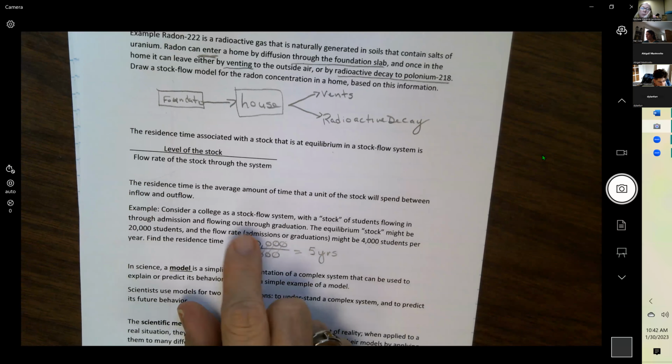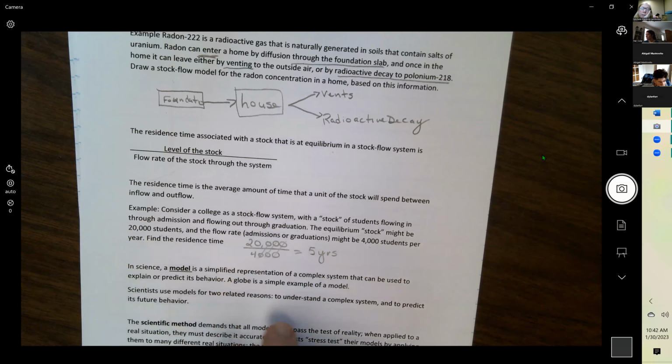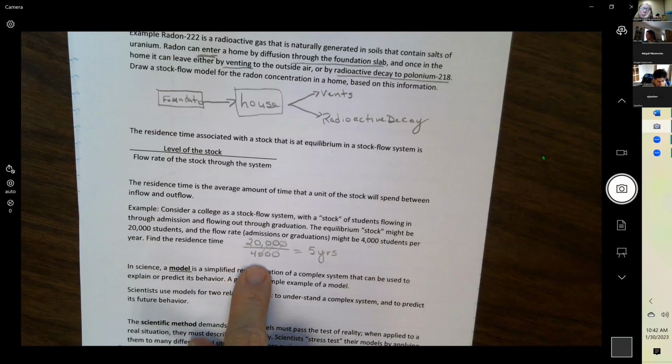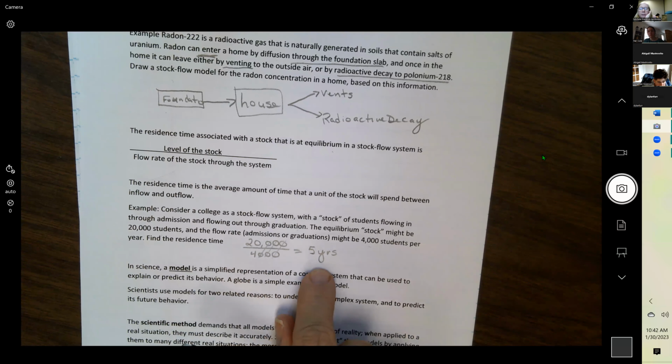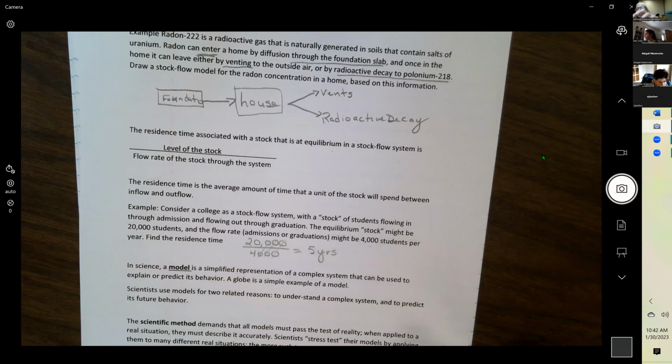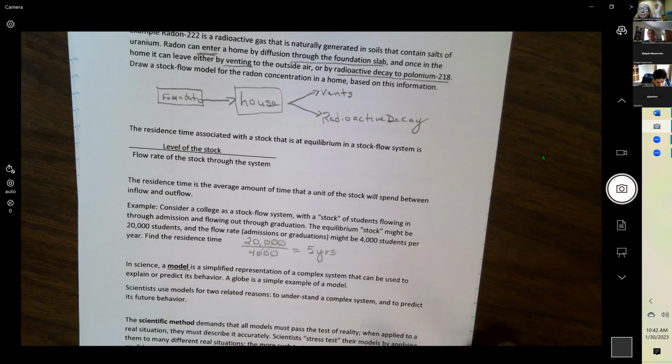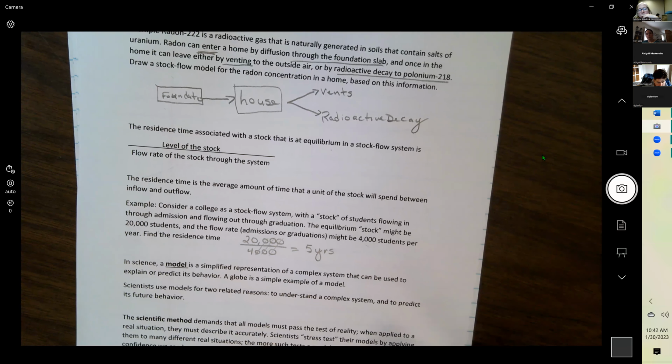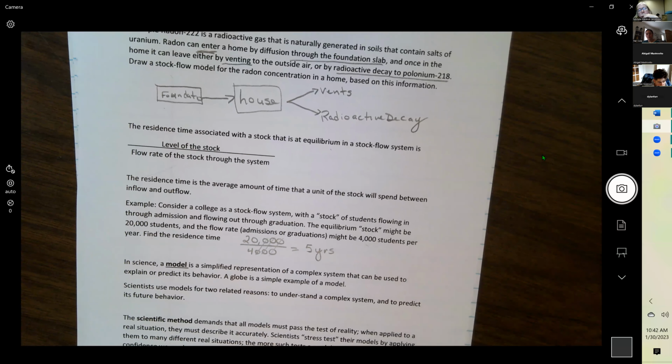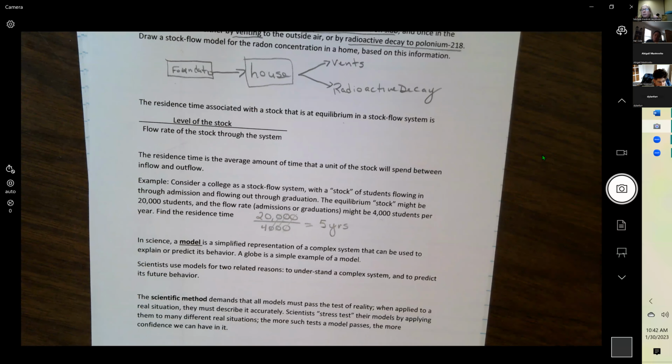So there's 20,000 students per year, and there's 4,000 that graduate per year. Leaves us with 5 years. So approximately a stock is in college for 5 years. So as that trash is coming in, it's telling you how long it's staying there before it's getting recycled.